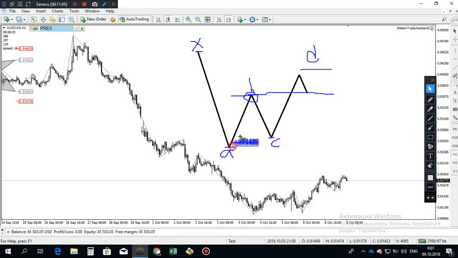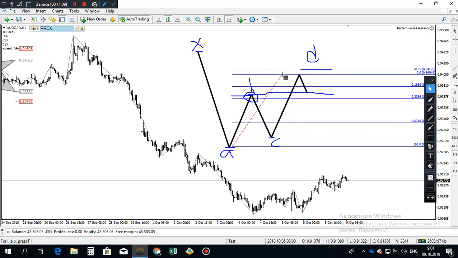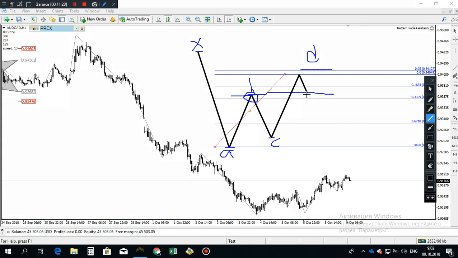It looks this way when I draw it. Okay, this is 0 and this is minus 5%. So you see the A to D, the D point stays above that 5% buffer. That's why I would enter that. When it completes, I would enter like this.